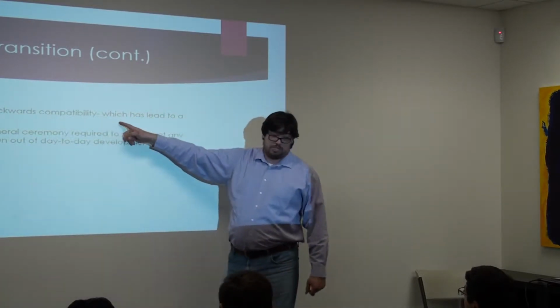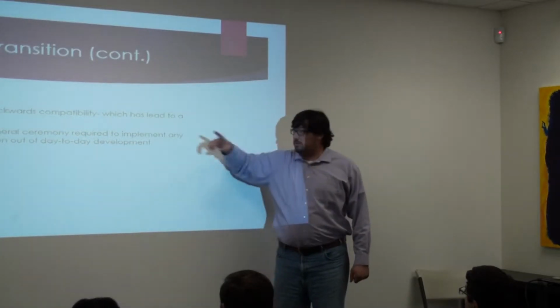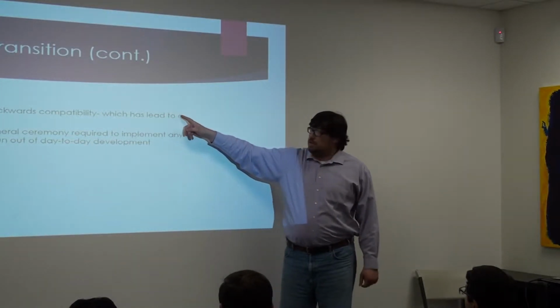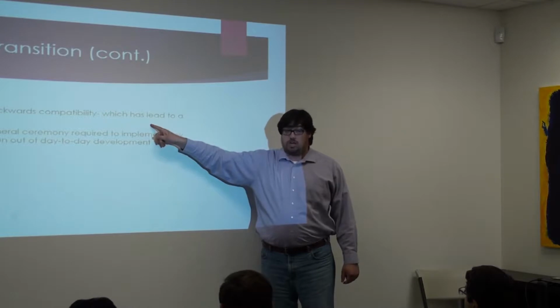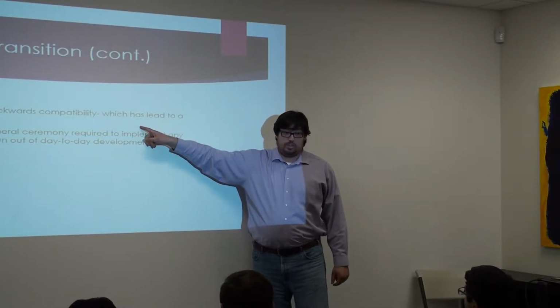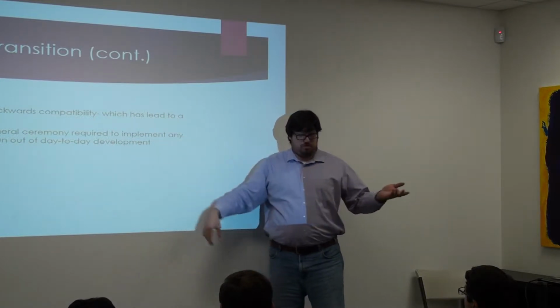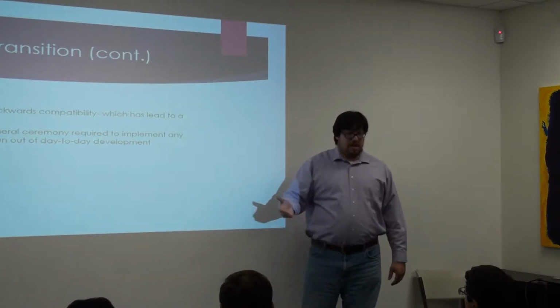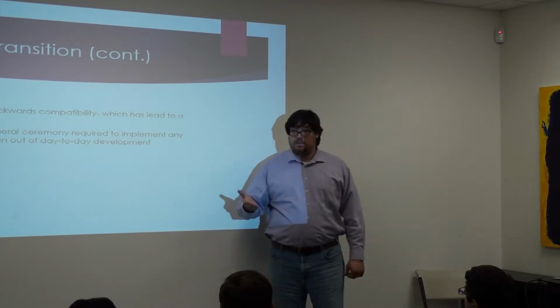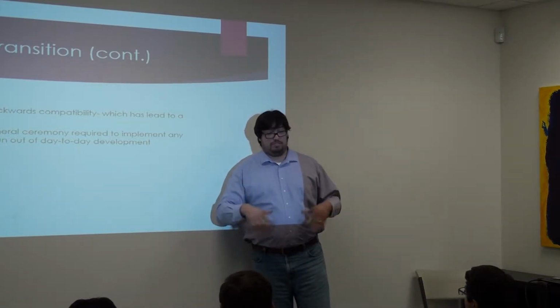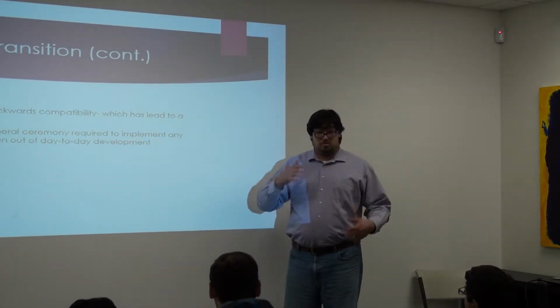Scala does not make this promise. Scala is pretty hardcore about it: I'll deprecate it in this release and it's gone in the next one. Martin Odersky and the core team for Scala make a concentrated effort at keeping the language core small and keeping the cruft out, keeping it from becoming this huge monolithic thing.